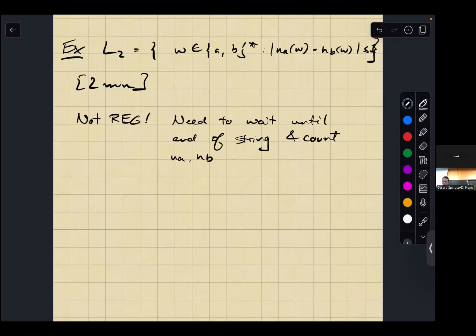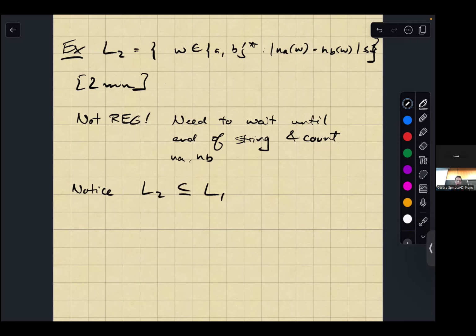And so what you'll actually notice is a very common thing. Notice that if you consider L2 and L1, remember L1, that was the thing where all the prefixes have to have this difference. Then actually, L2 is a subset of L1, because L1 is every prefix. The whole string is, of course, a prefix.